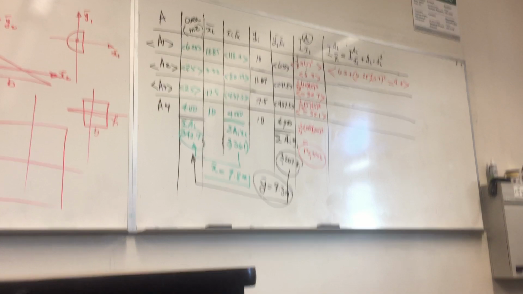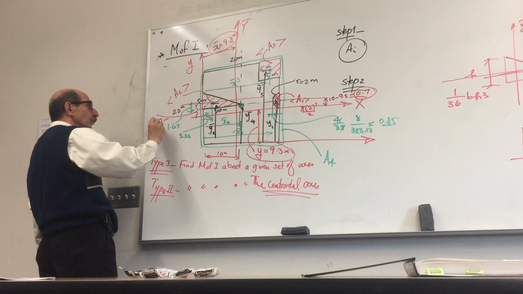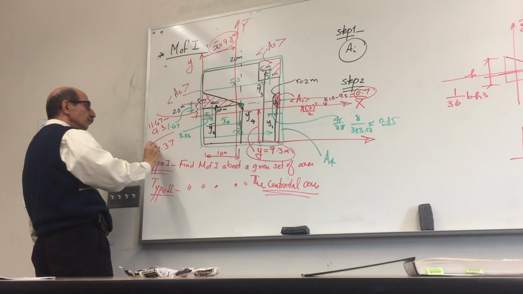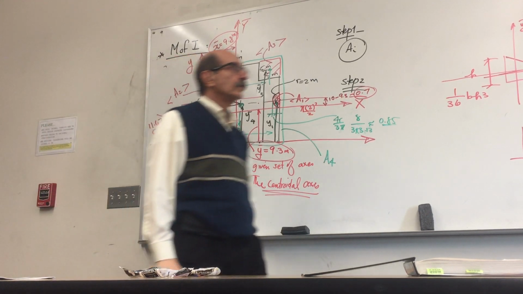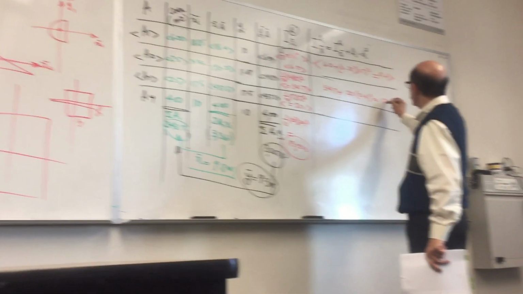So this is 11.67 minus 9.3. So that would be 2.37, or 2.4. So you just simply write what you have here, 34.7 plus the area, which is 25, times 2.4 squared, which will give you 174.3.